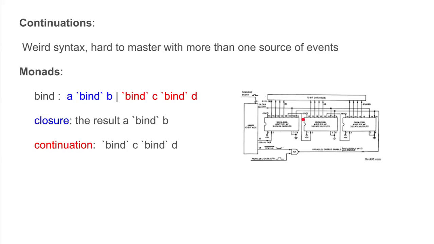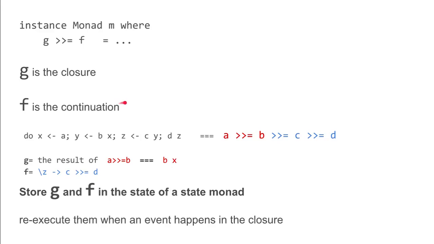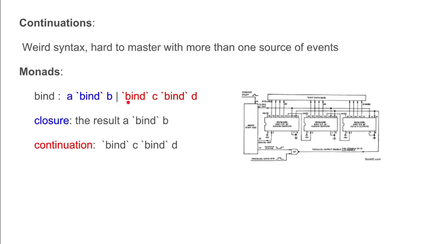Bind concatenates two or more statements. Let's call closure what has been executed until a point, and continuation the rest to be executed.